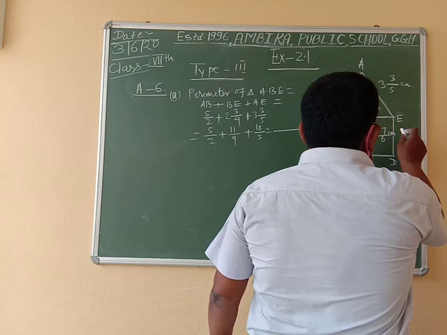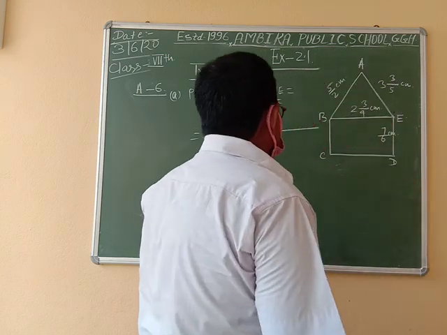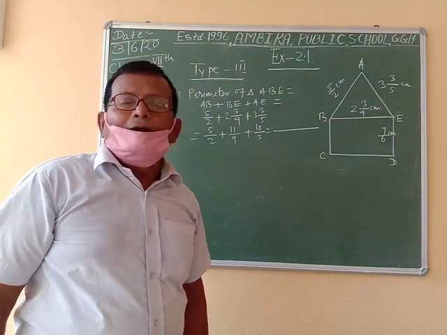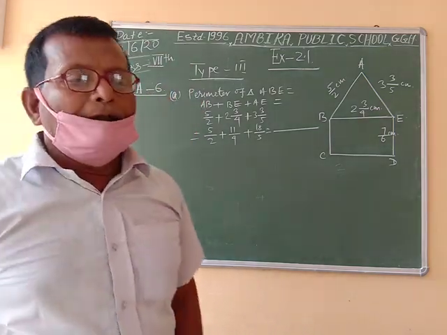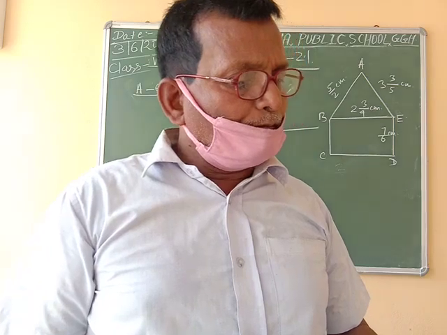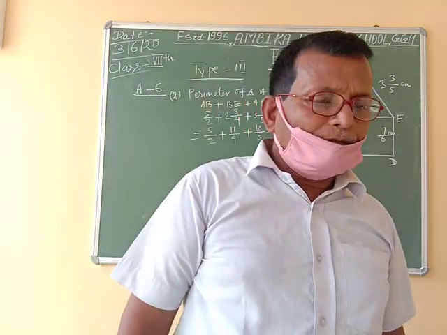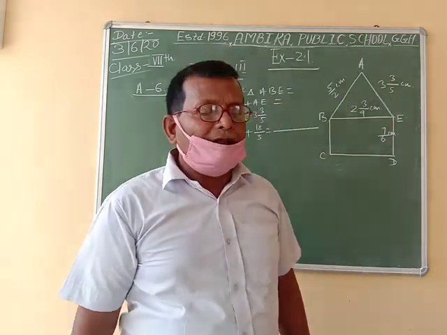And one side of the rectangle is 7 by 6 centimeter. We have to find the perimeter of triangle ABE, rectangle BCDE, and also find which perimeter is greater.